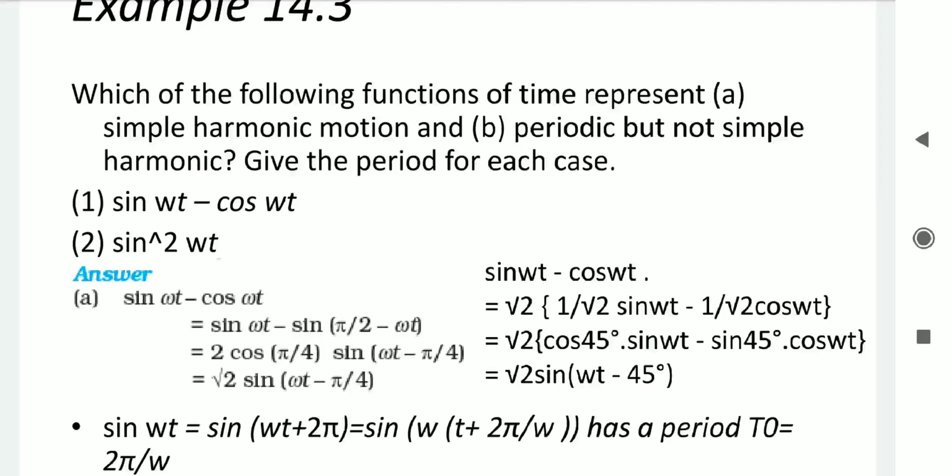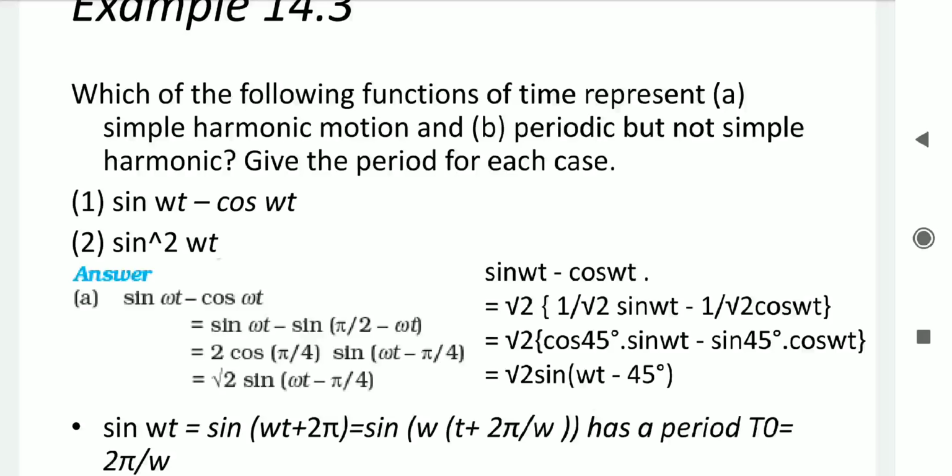Now here the function we have is sin omega t. We need to determine its time period. So let us add its periodic radian 2 pi. So sin omega t can be written as sin (omega t plus 2 pi). Make omega common and we get t plus 2 pi by omega, which is capital T, which gives the time period.